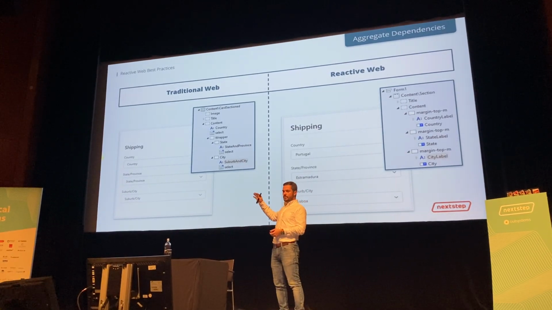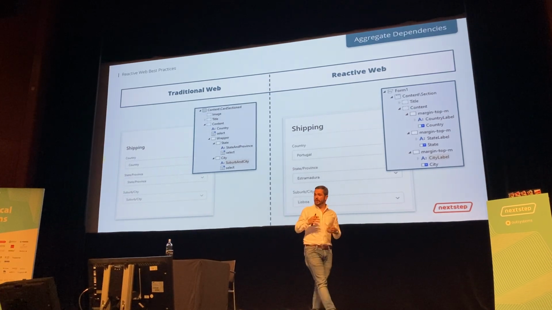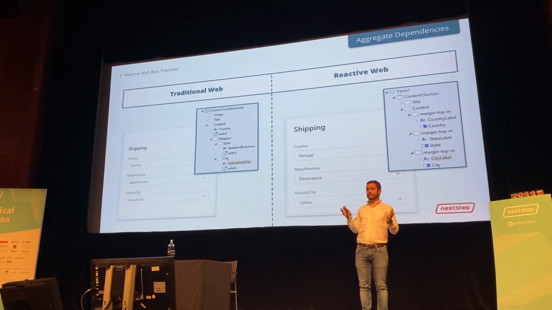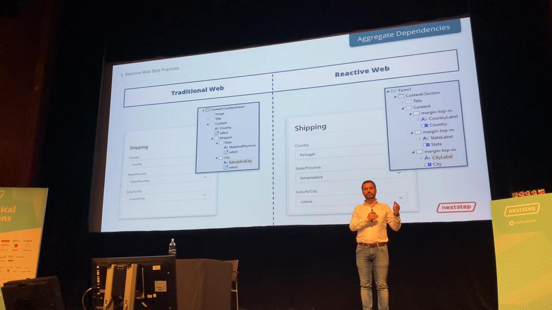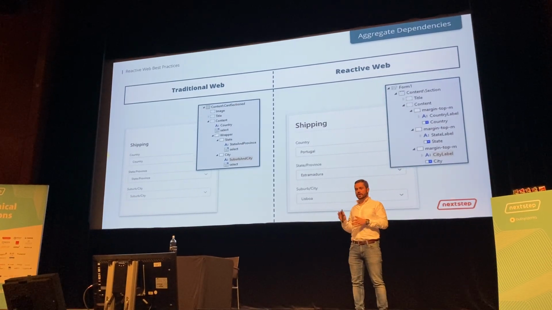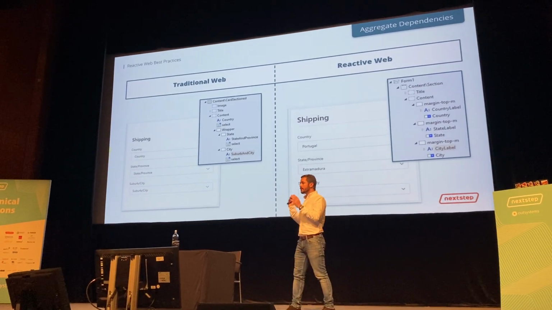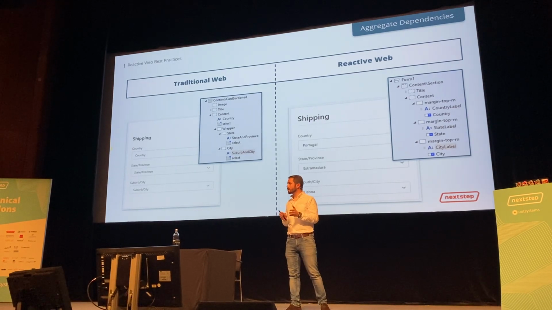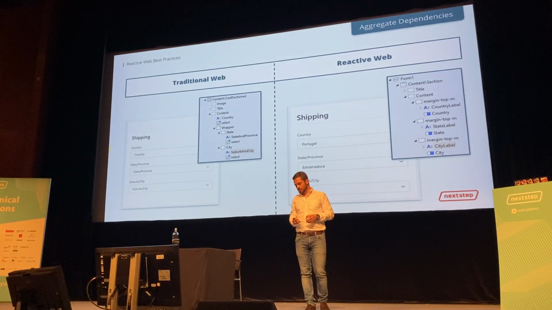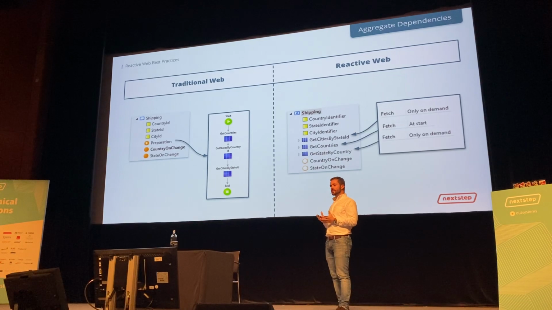On the other side, we have Reactive Web, where we don't care about Ajax refresh, so we'll just be careful with the UI structure. As you can see here, I just have my labels, I just have my containers with the classes, and that's it. So now let's see how the logic works.